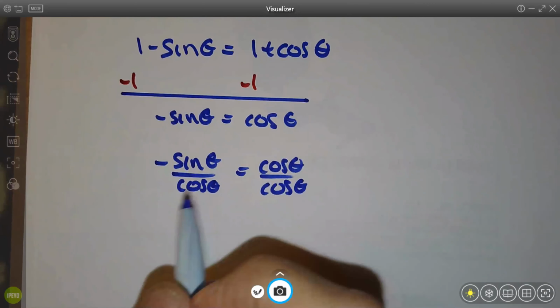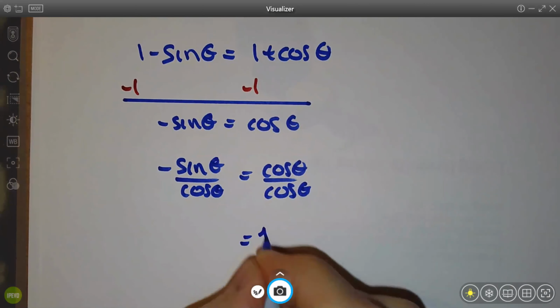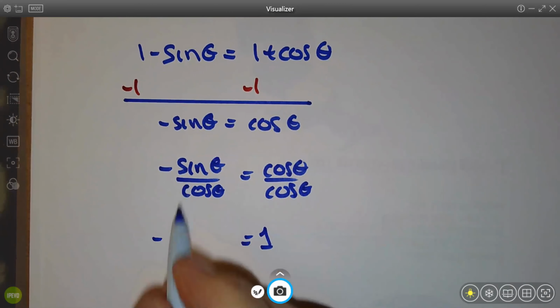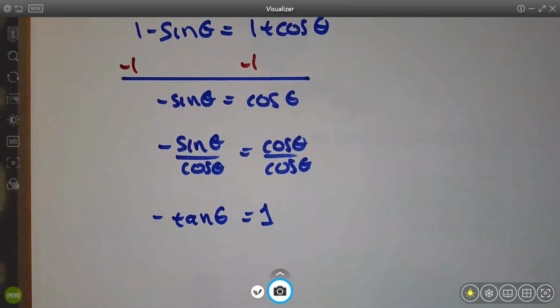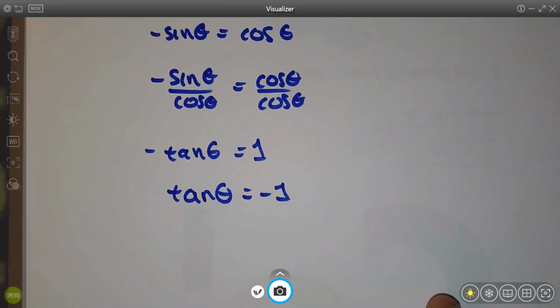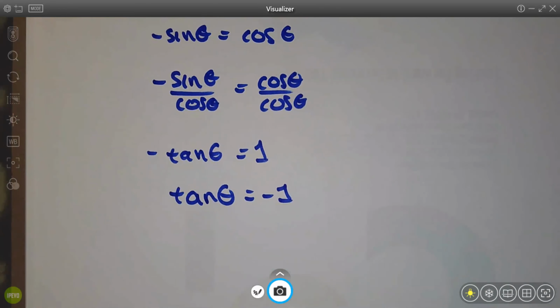The nice thing is that on the right-hand side, I get a 1. And on the left-hand side, instead of dealing with two trigonometric functions, I can deal with one trigonometric function. And that one trigonometric function is tangent of theta. If I divide both sides of this equation by -1, there you go. I get tangent of theta equals -1.